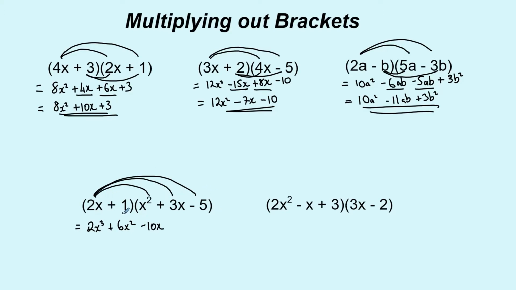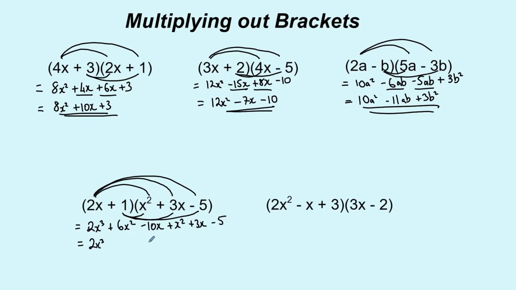And then we're going to do the same for the plus 1. So plus 1 times x squared is plus 1x squared, or just plus x squared. 1 times 3x is 3x. And 1 times negative 5 would be a negative 5 at the end. We're then going to collect like terms again.